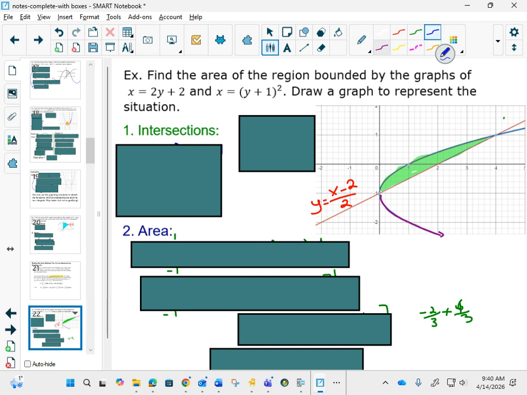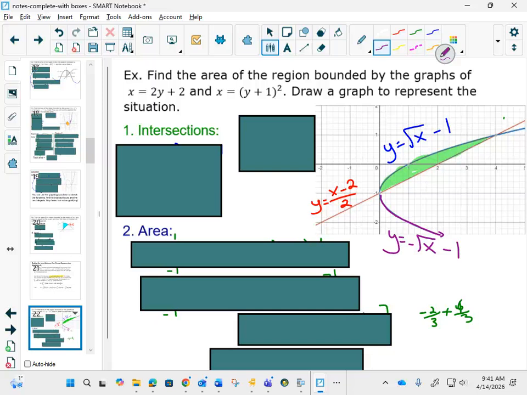The top part is the positive square root, and the purple part would be the negative square root, and I'd have 3 different functions to deal with if I'm dealing with functions in terms of x. But if I keep the x equals, I only have the 2 functions.